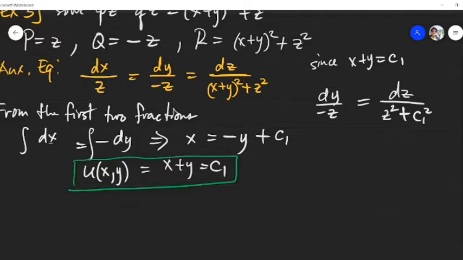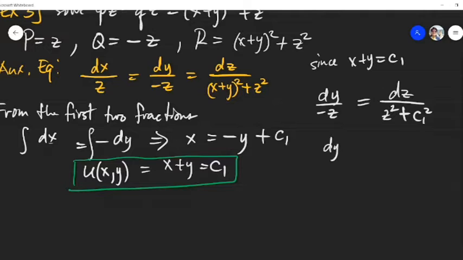And as you can see, dz over z squared plus c sub 1 squared can be integrable since our variable here is z only.